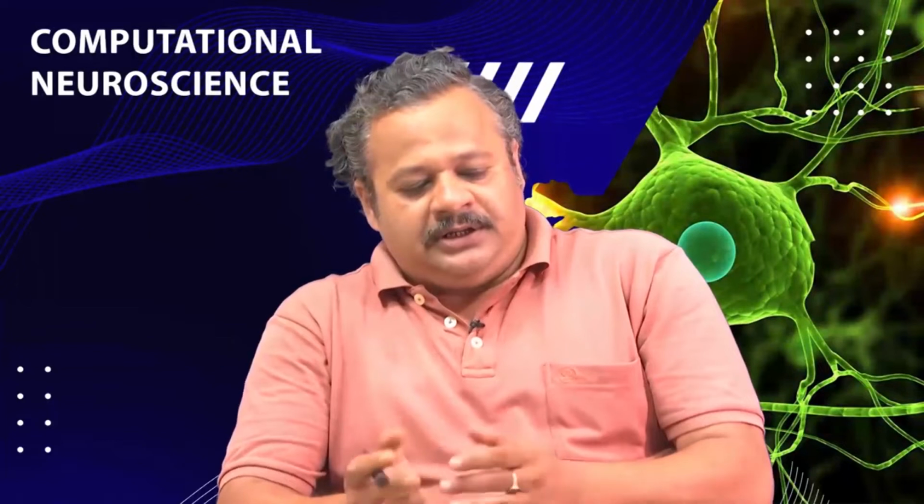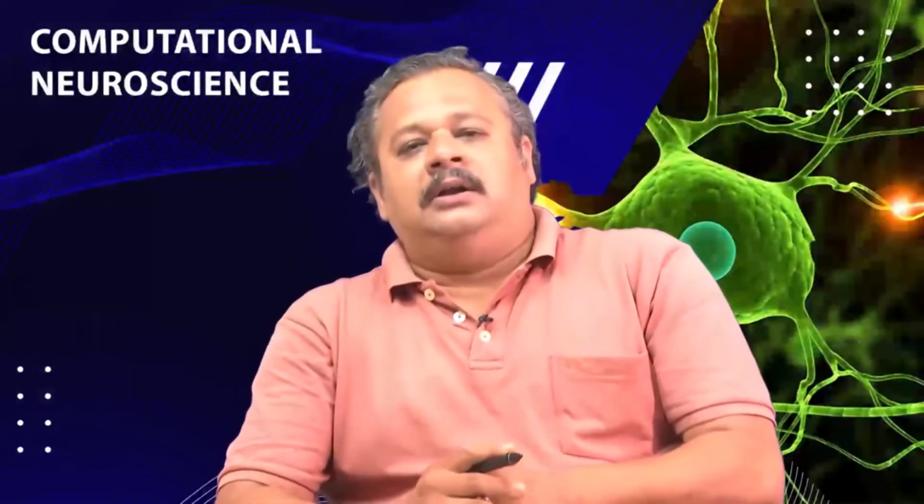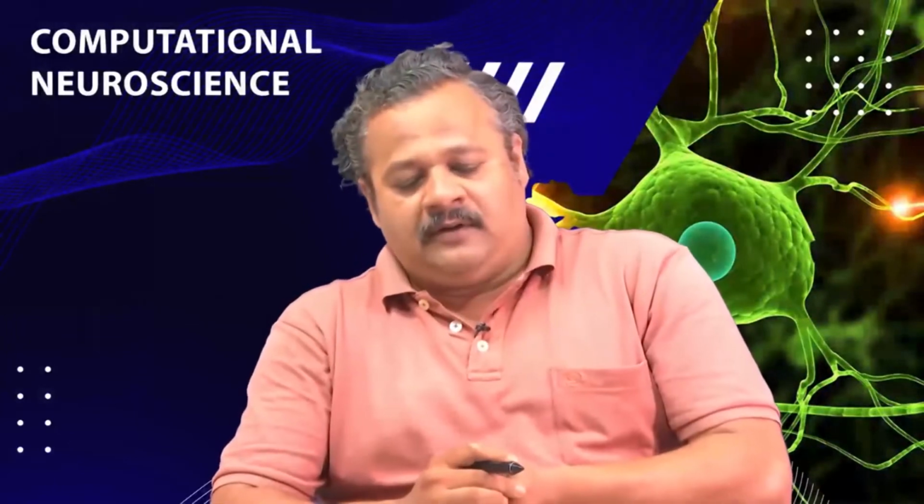And similarly, oscillations, we will see, also play an important role in many other factors when we discuss more of the network level phenomena to understand the behavior of neural systems.